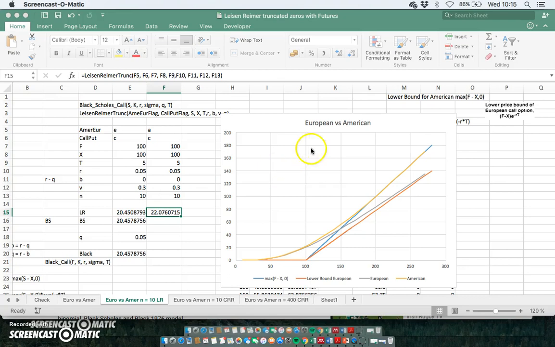So European futures options, generally we can show, are worth less than American futures options.